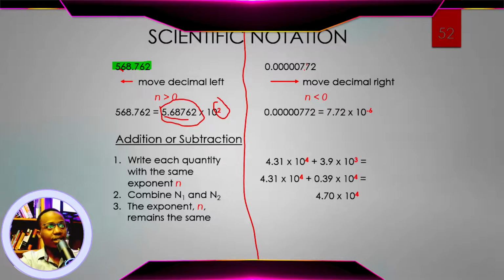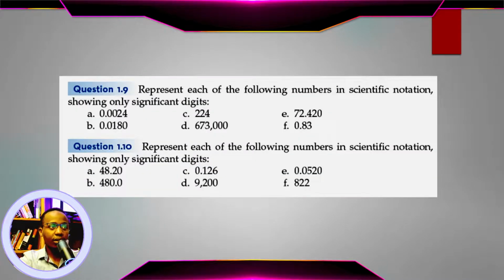So we moved it 6 places until we get to 7.72. Then when you write it down, you say 7.72 times 10 to the negative 6. This is negative because, again, it's less than 1, and 6 is the number of times that we moved. It's really, really important. So let's look at an example.